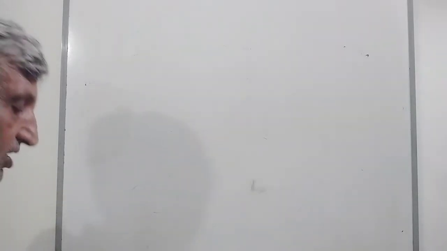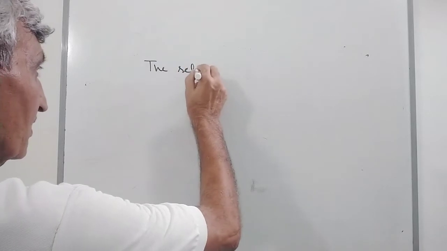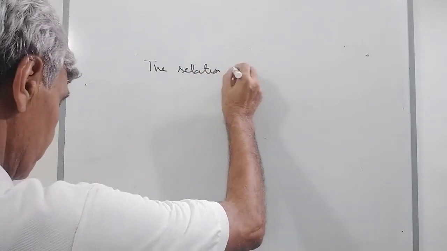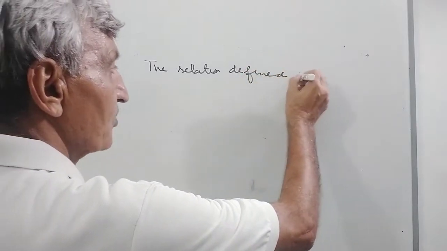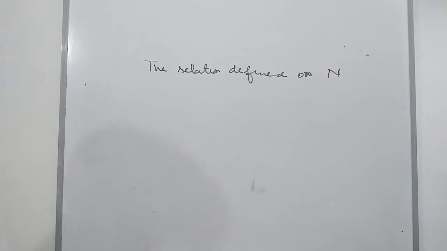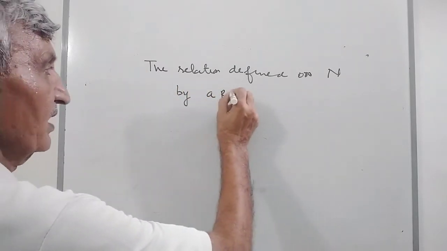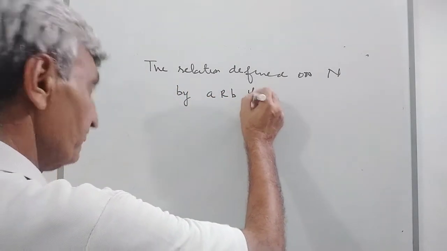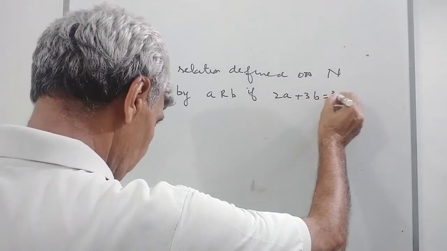The question is here. The relation R defined on natural numbers by A related to B if 2A plus 3B is equal to 30.